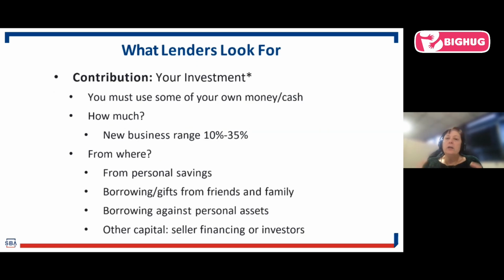Okay, with your capital or your contribution, the SBA, for the most part, allows the lenders to provide up to 90% financing on your project cost. Okay, so they look at the entire need of doing your business. Your minimum requirement in most cases is at least 10%.